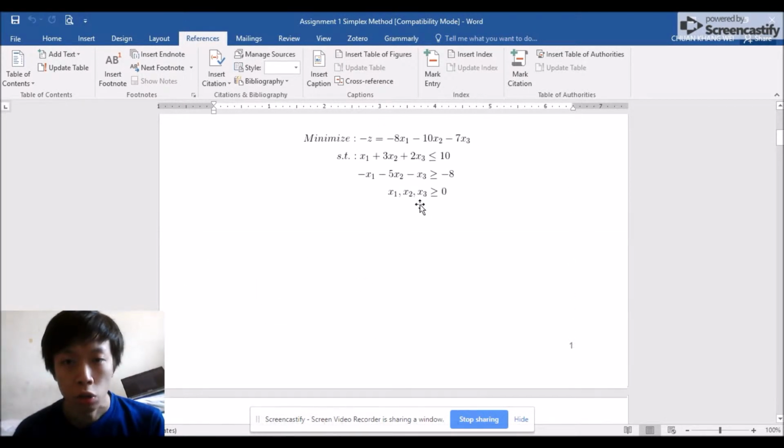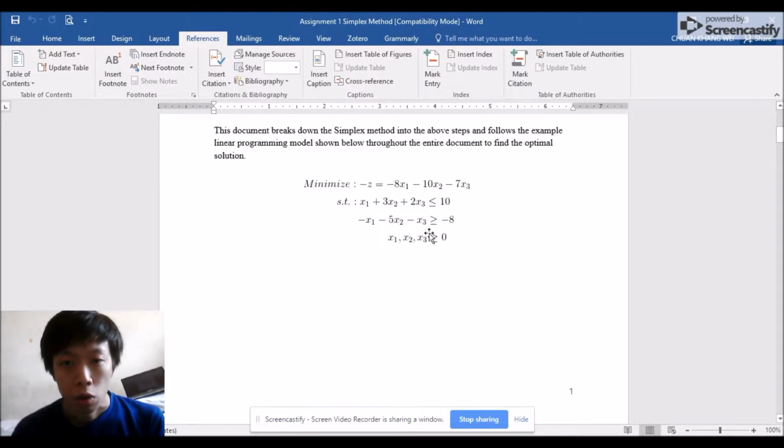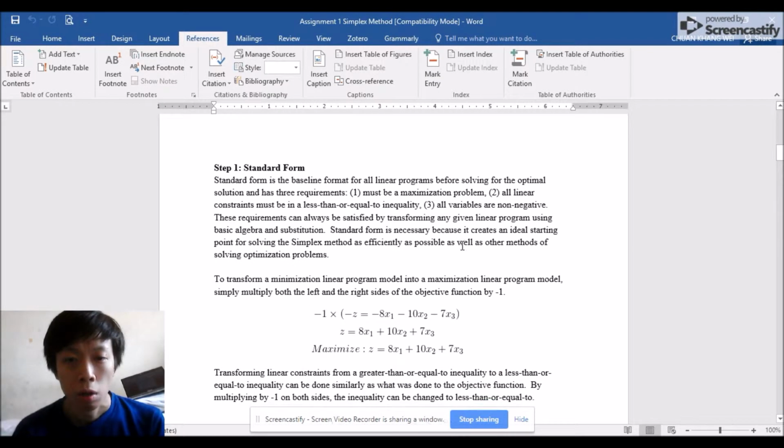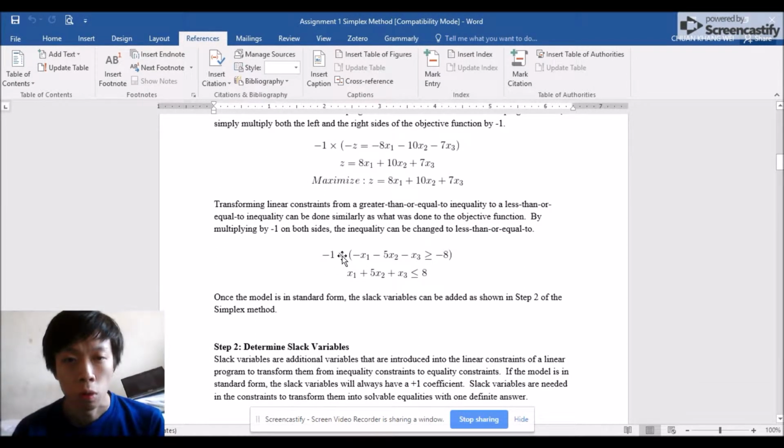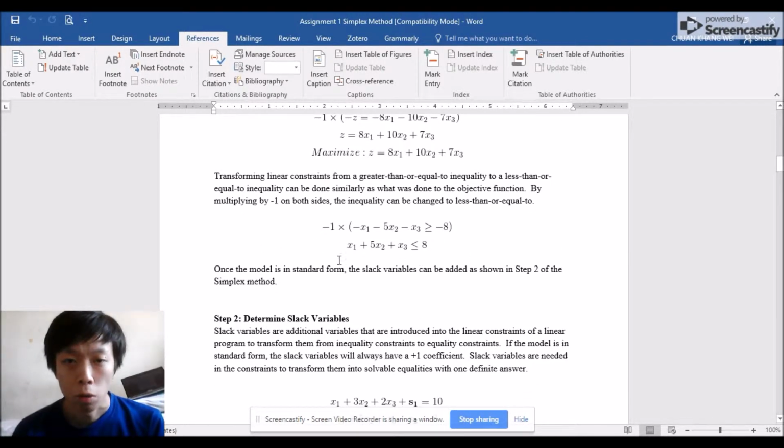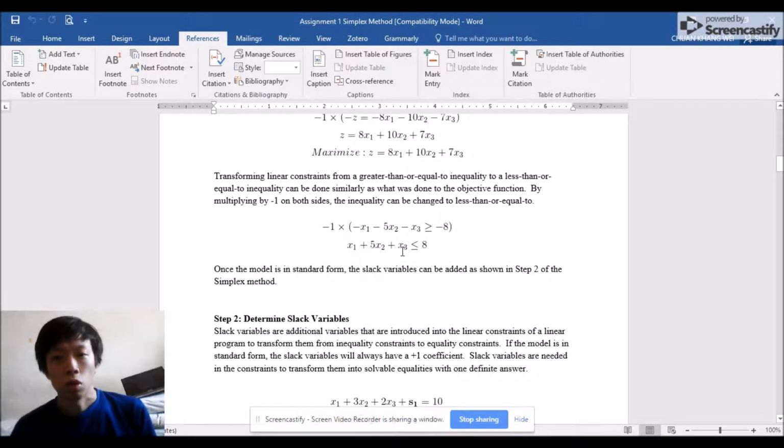And for equation 2, we need to change the sign from more than or equal to, to less than or equal to. We can do this using the same method, which is multiplying negative 1 on both sides. After multiplication, we get the equation x1 plus 5x2 plus x3 less than or equal to 8.